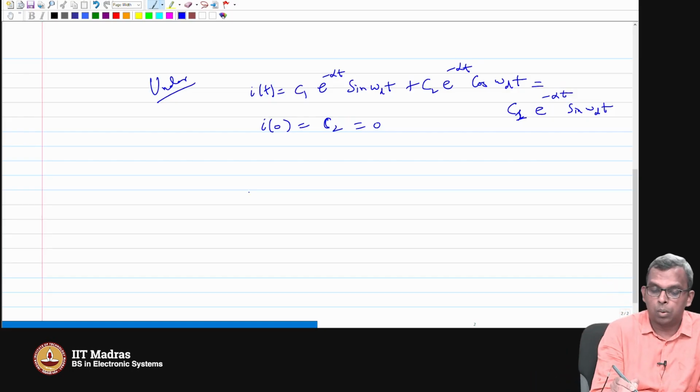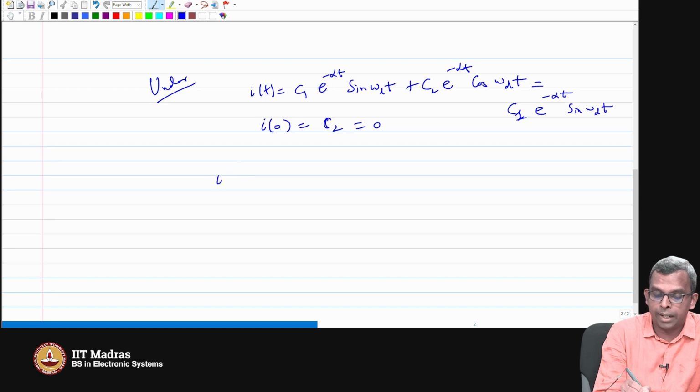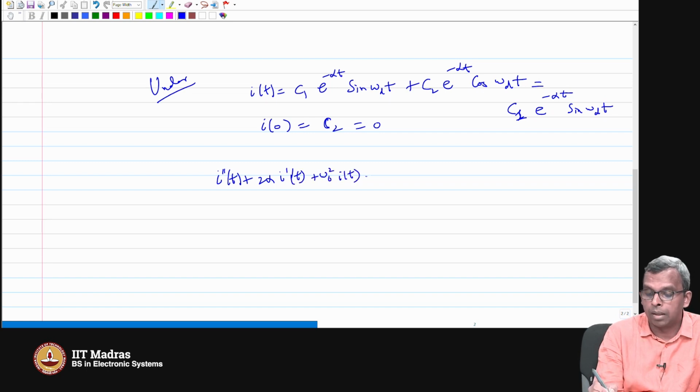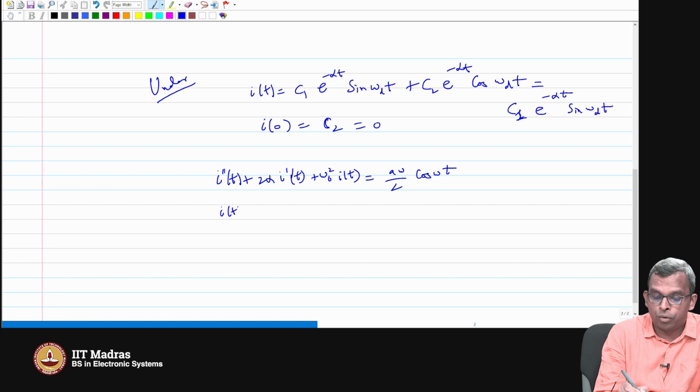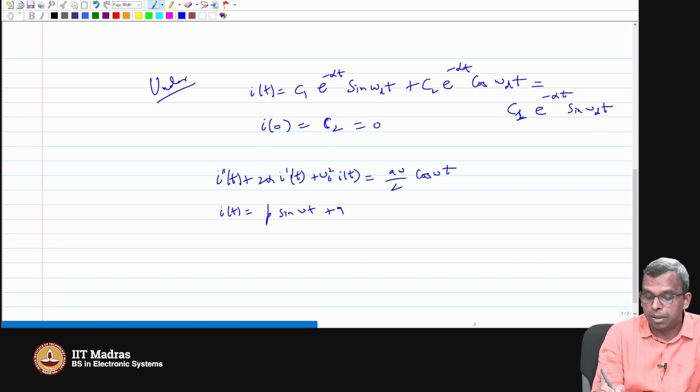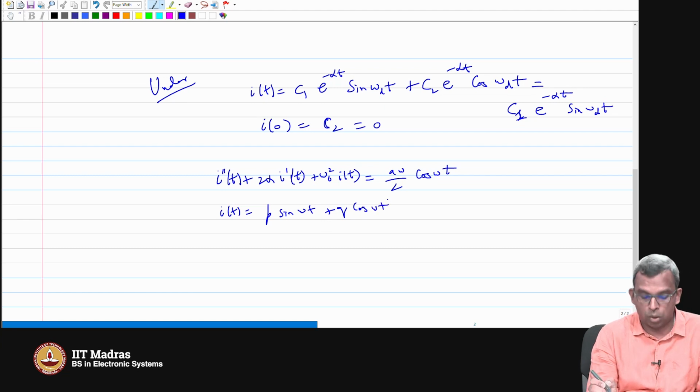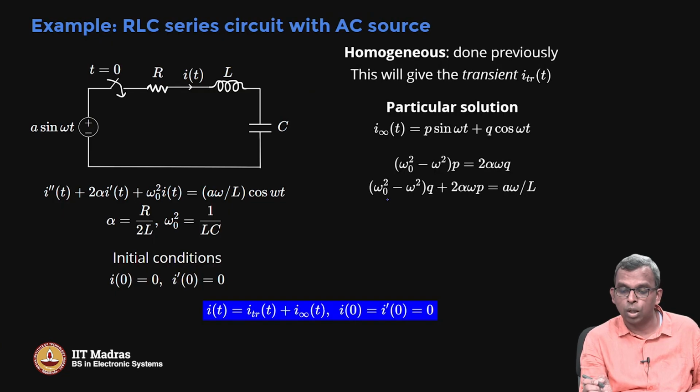So I've got this equation here: I double prime of t plus 2 alpha I prime of t plus omega naught square I of t is equal to A omega by L cos omega t. I am putting I of t equals p times sin omega t plus q times cos omega t. I hope it's p and q for sin and cos.